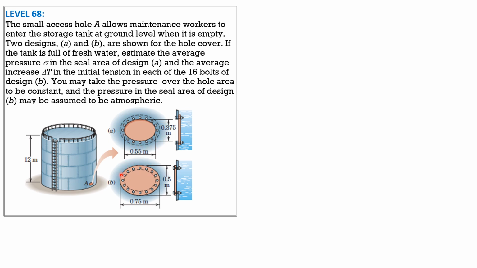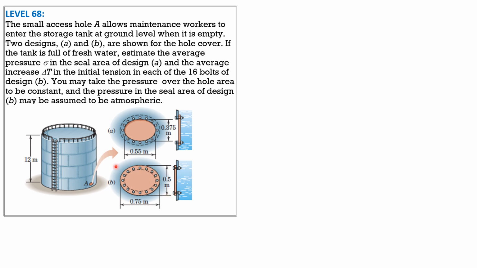The shape of the figure is an ellipse, and the area of an ellipse is pi a b, pi times the radius in that direction, then the radius in the perpendicular direction. So for A it is 0.75 over 2, and for B 0.5 over 2.